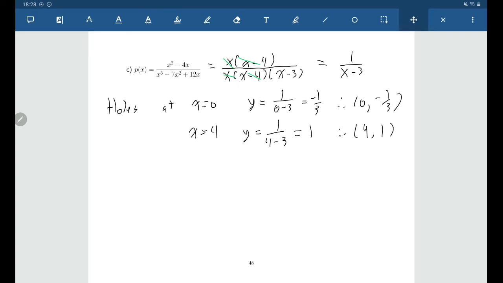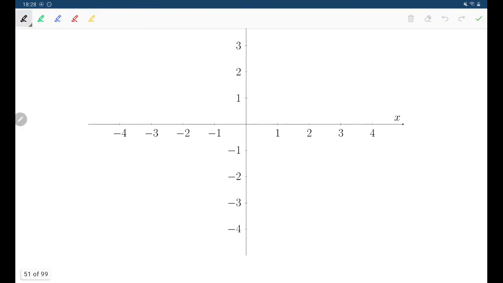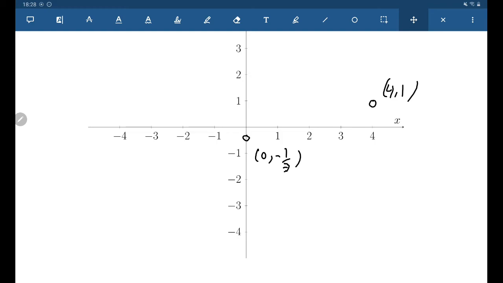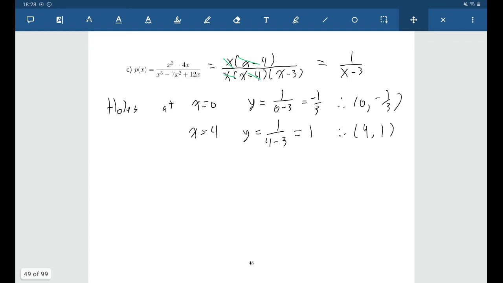So I'll go plot those. So there's (0, -1/3), and there's (4, 1). And again, I might have to adjust this afterwards. I might have to move my labels, but I've got myself started out.